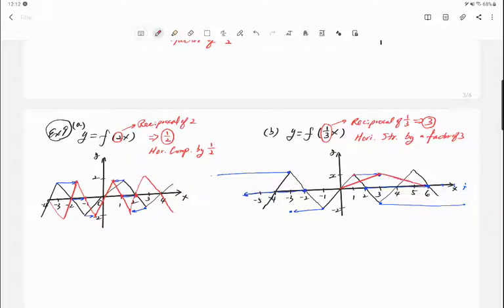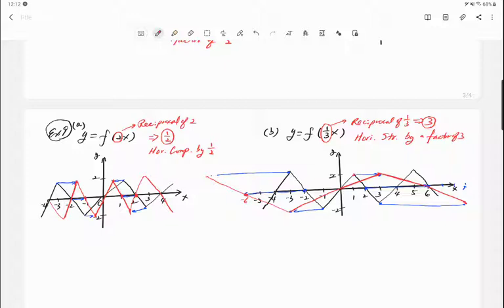So it comes over here, and then this one still goes all the way to 9, right? And then this one moves to -3 over here, and then this is -6. So -2 moved to -6 at this point. So it's got to go like this. Okay, so that is a horizontal stretch by a factor of 3.